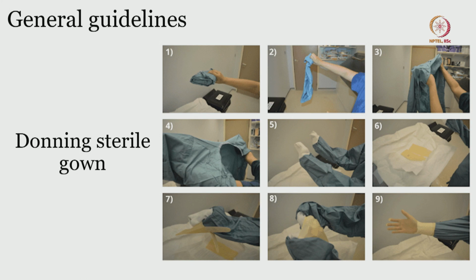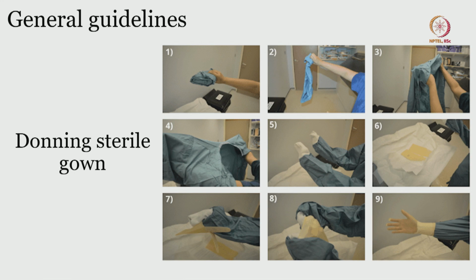But if it is a long procedure and you are going to implant electronic sensors, or cortical sensors, or a depth electrode and leave it for a long time, and your study involves a chronic study, then I guess elaborate sterile accessories are required. Anyway, it is good to know how you wear the sterile gown.